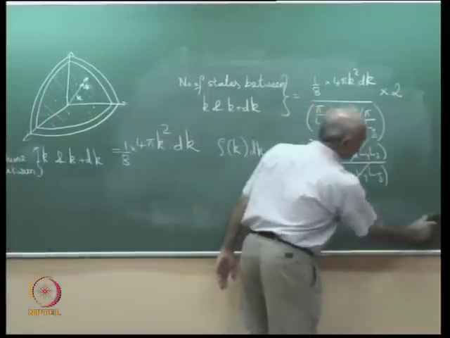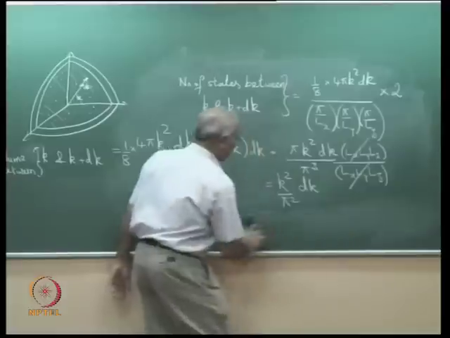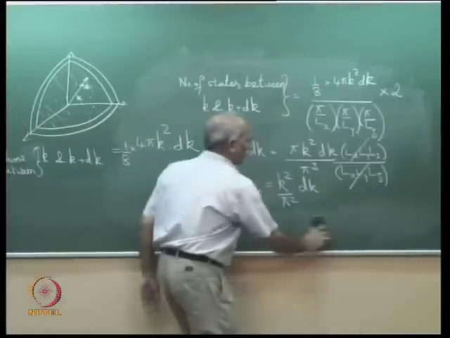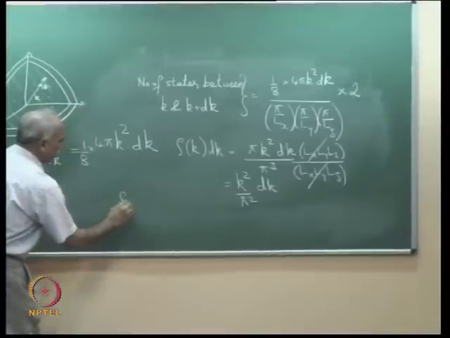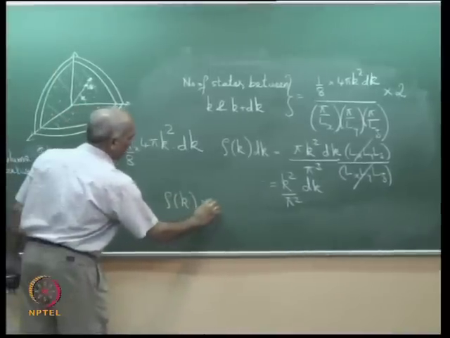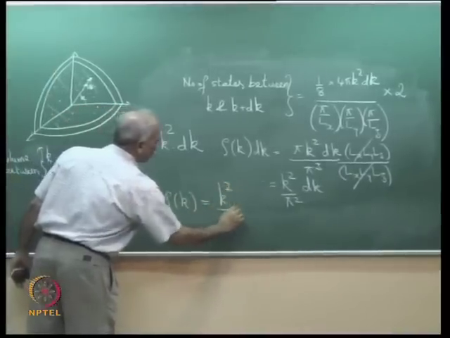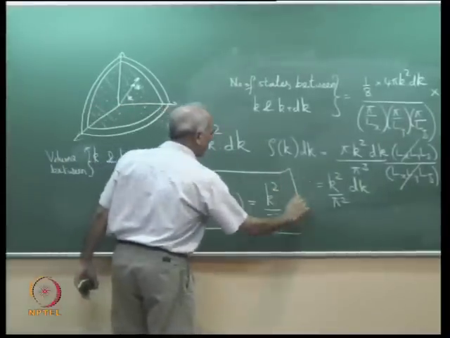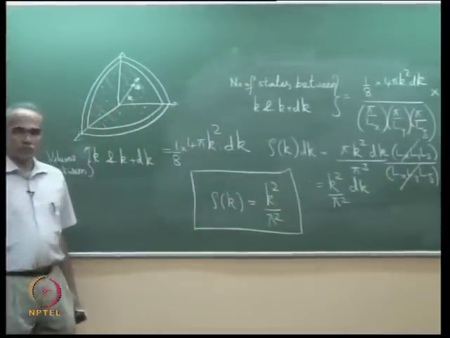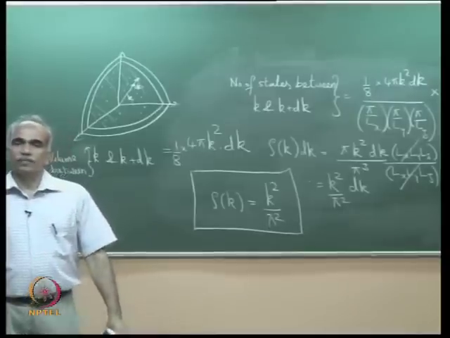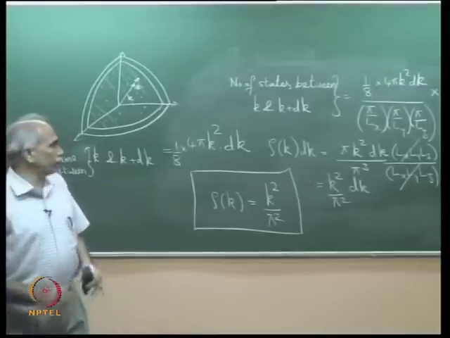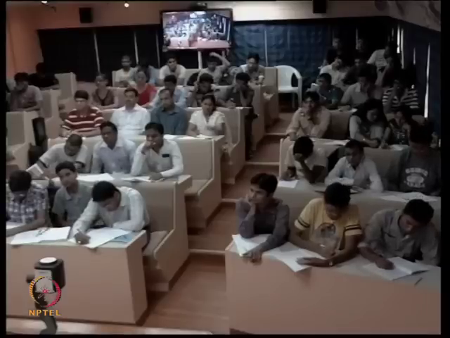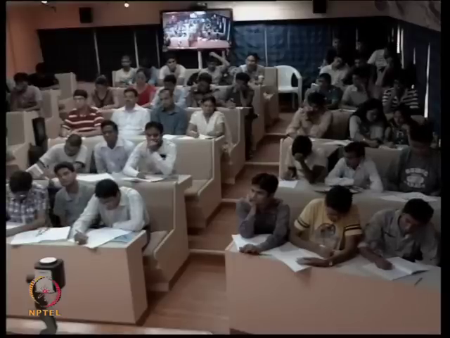I am sure many of you would have done this derivation earlier. Therefore, we have the density of states rho of k equal to k square divided by pi square. If you know the definition correctly, this is elementary algebra.